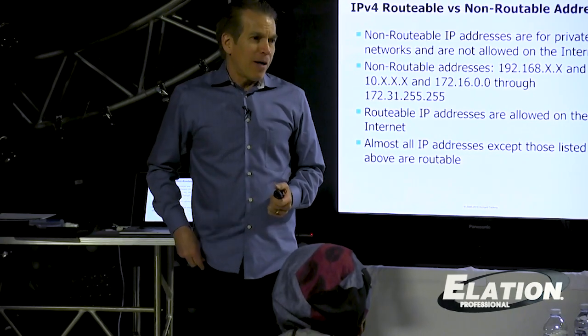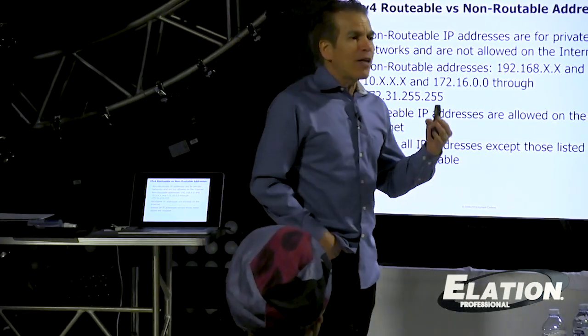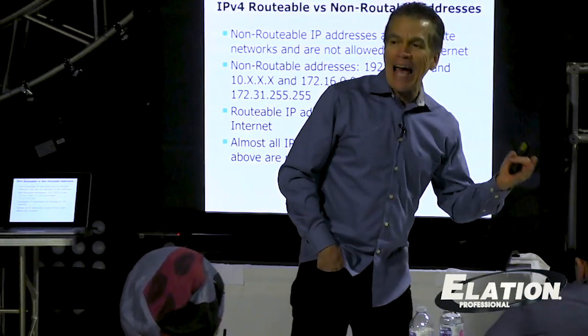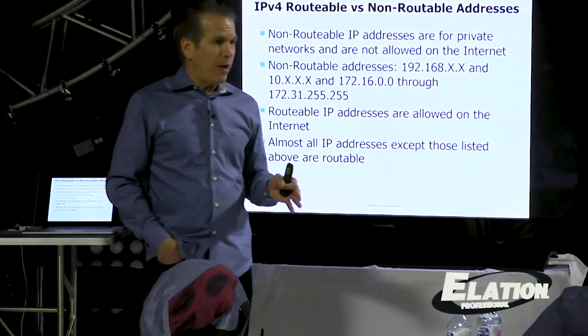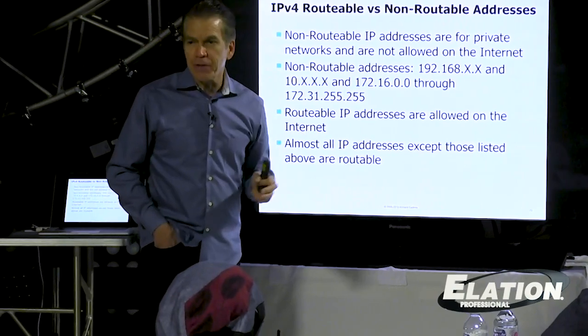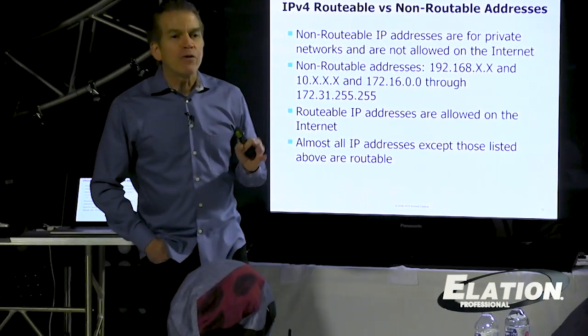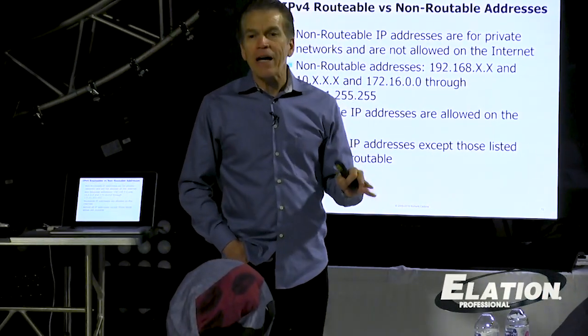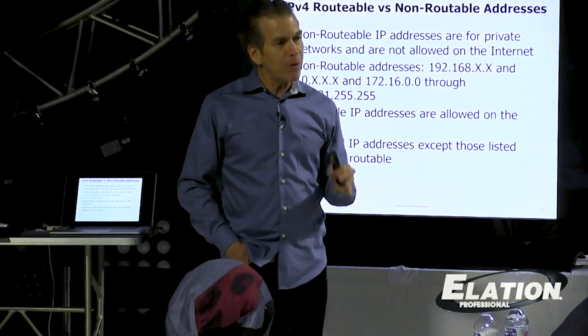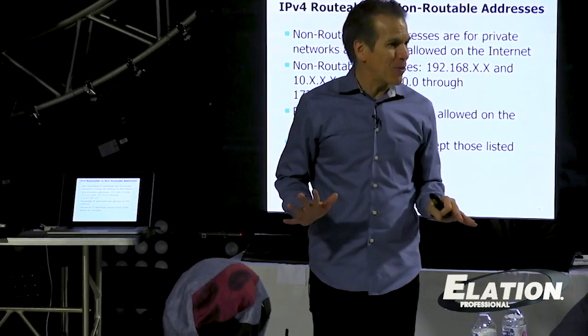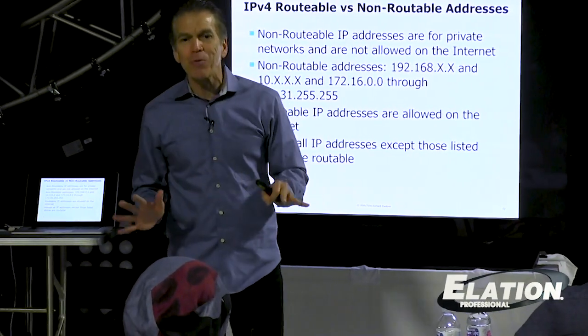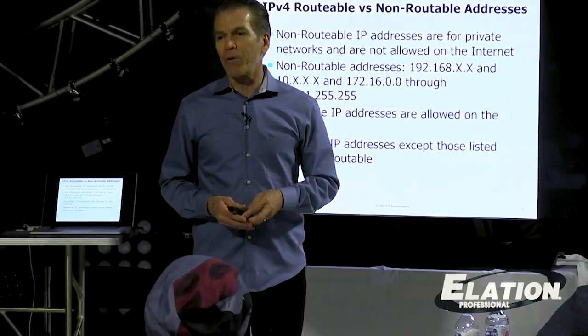So the second version of ArtNet, they switched over to a 10-dot address, which is a non-routable IP address. And that's why now some fixtures will only allow you to use a 2-dot or a 10-dot address when you're using ArtNet. But the truth is, ArtNet will work with any IP address. You can choose any IP address in the world, and ArtNet will work with it.